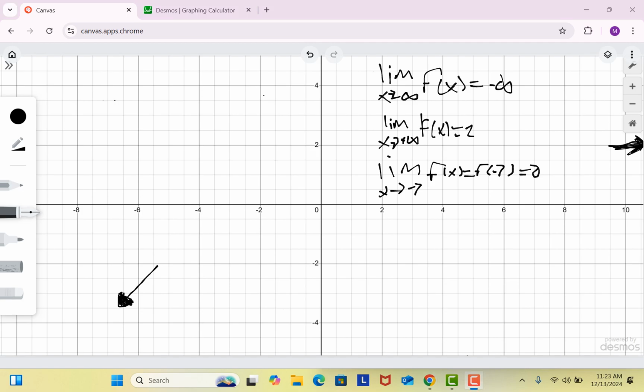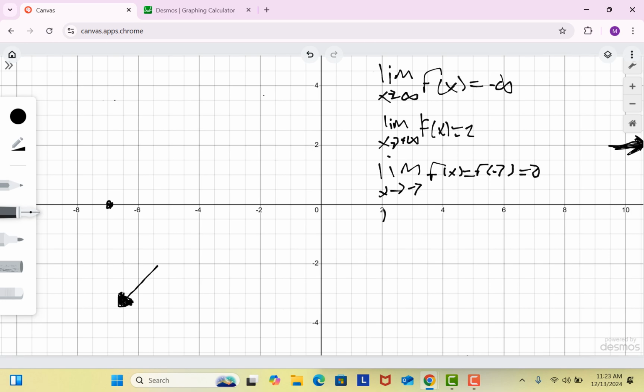So this means that the limit as x approaches -7 of f of x is always going to be f of -7. So this pretty much means that it exists. And since f of -7 equals 0, as we're given here, we just put it on the 0.